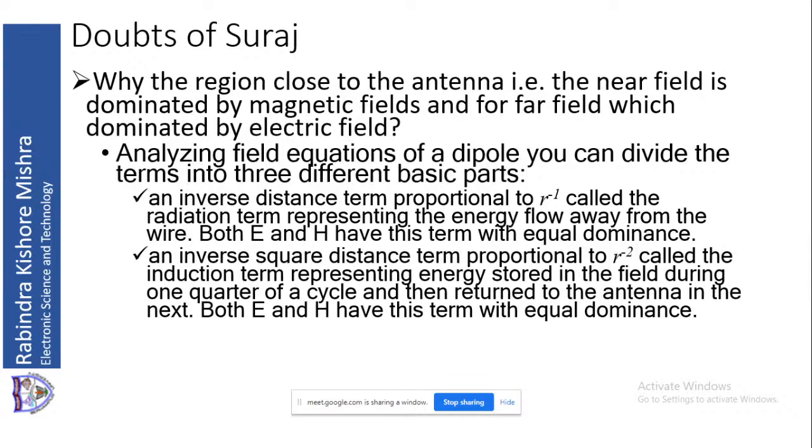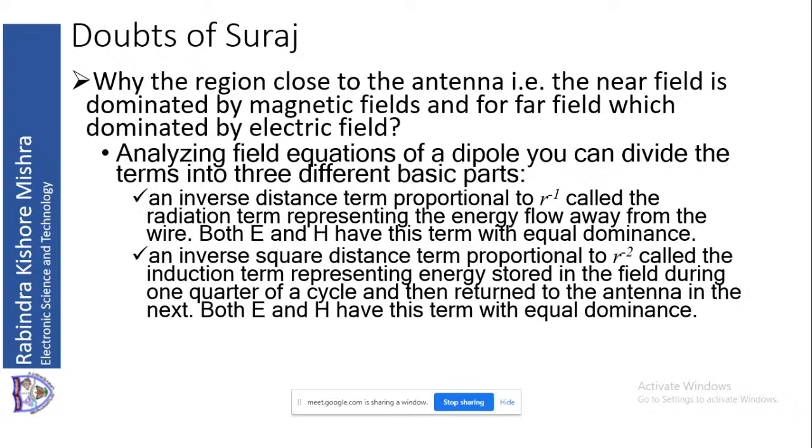In one quarter it is inductive, then it goes back to the antenna. Next quarter it comes out as capacitive, then it goes back to the antenna as the capacitance goes down to 0. So capacitive, inductive, that is what is going to happen in this near field. Near field energy is for a quarter cycle capacitive, next quarter nothing, next quarter again inductive, so that continues.